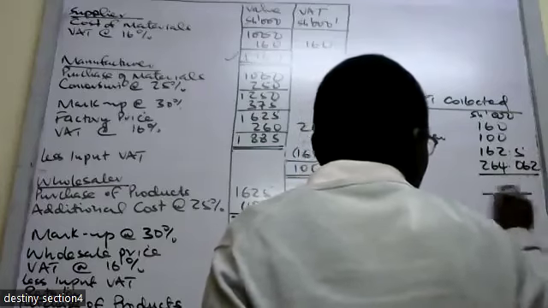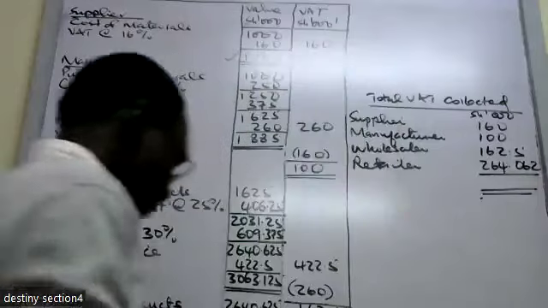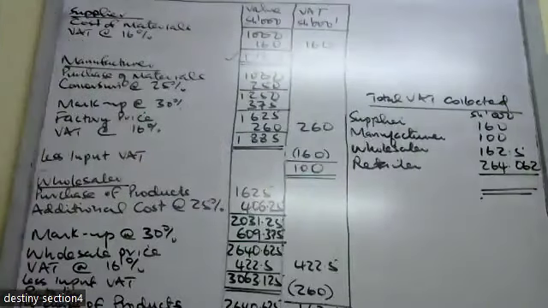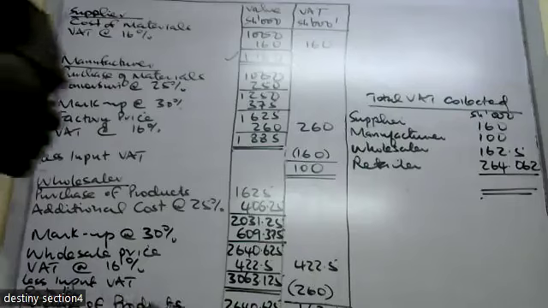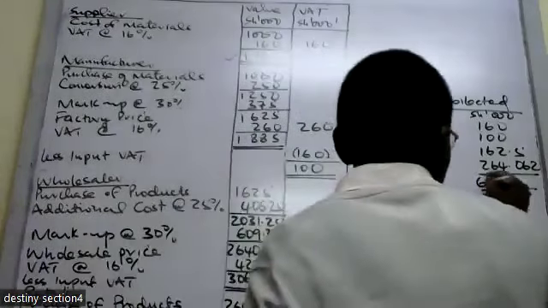This is the total amount collected by the government from these traders. So the total amount is 686.562.